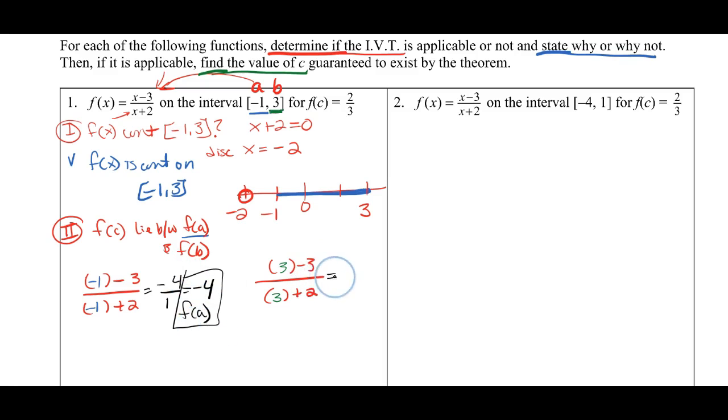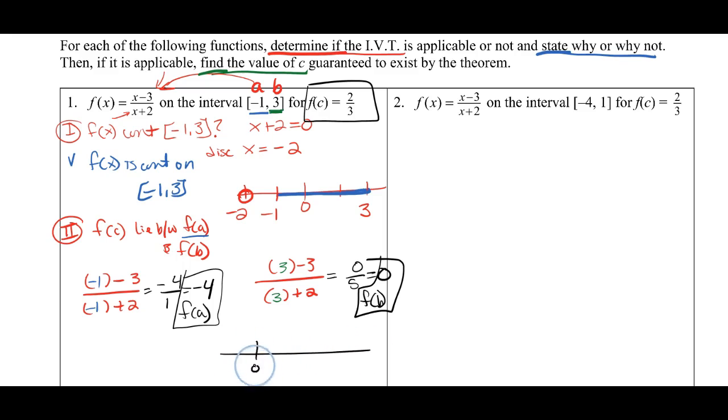Over here, I get 0 over 5. 0 is my f of b. And they give me f of c, 2/3. Does 2/3 lie between 0 over here and negative 4? Oh, no, 2/3 is over here. So I would say no, IVT is in blue.